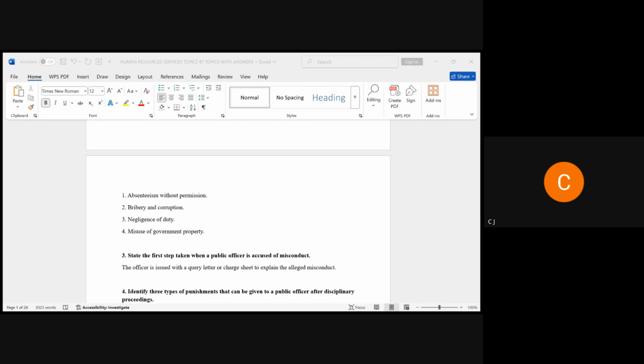Identify 3 types of punishment that can be given to a public officer after disciplinary proceeding. 3 types of punishment. We have suspension. We have demotion, can be demoted.